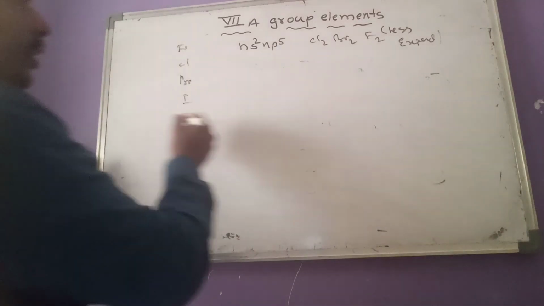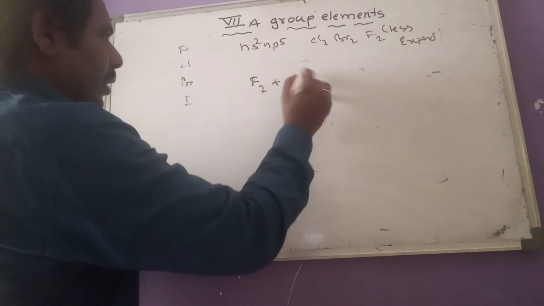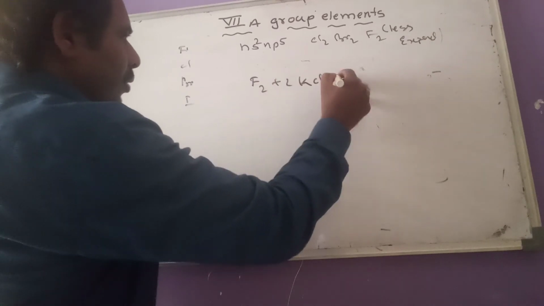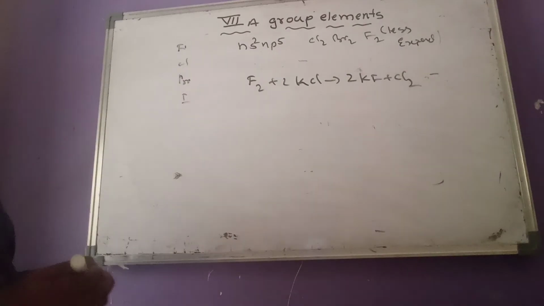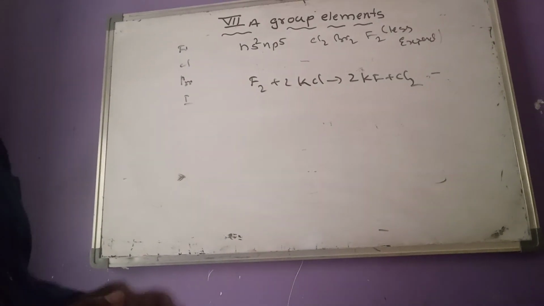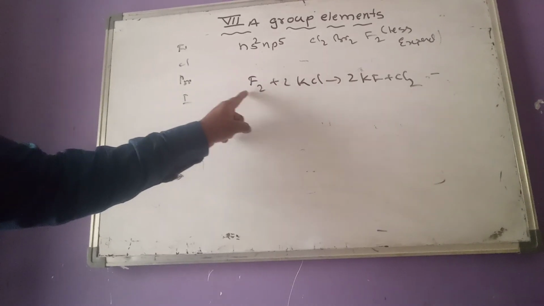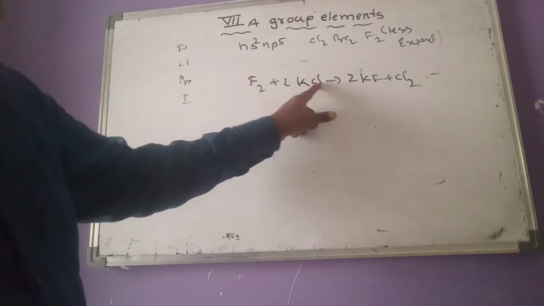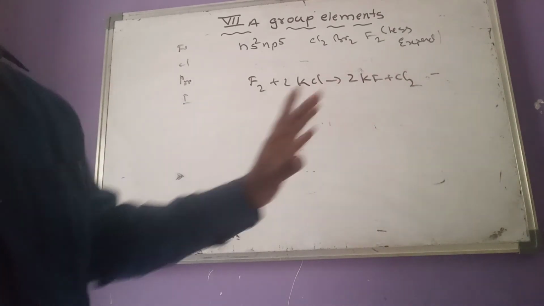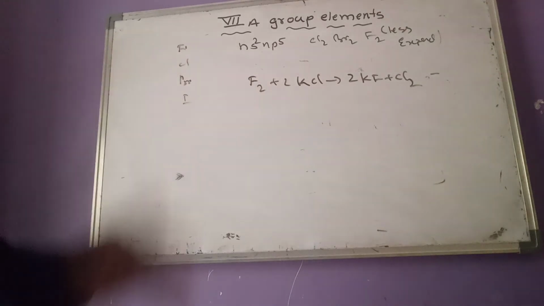So the questions we can get like this here. F2 plus 2KCl gives 2KF plus Cl2. Is this reaction possible or not? Yes, it is possible, because as per this equation, fluorine displaced chlorine, or fluorine oxidized chlorine, or fluorine kicked the chlorine. So we know that that is possible.